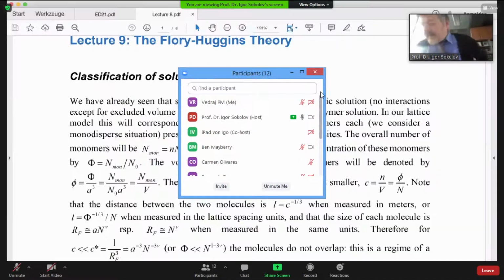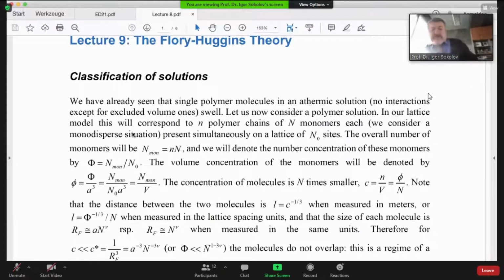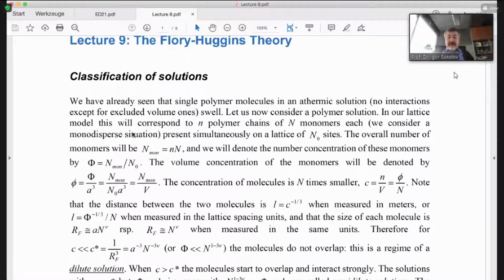What I have drawn in the picture is essentially what I write here. So I have a lattice of volume V with, if you want, n0 sites, whatever. I have polymers of N repeated units each, and I have n such chains in total. Then if I divide this by this, I will get the fraction of the occupied sites.